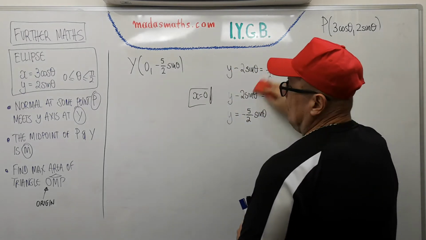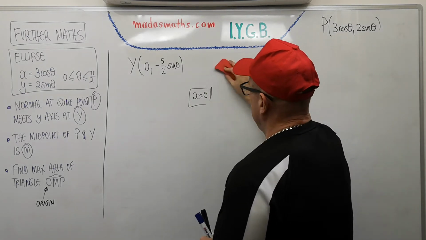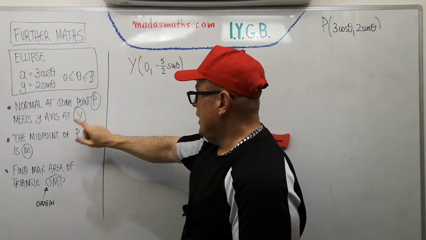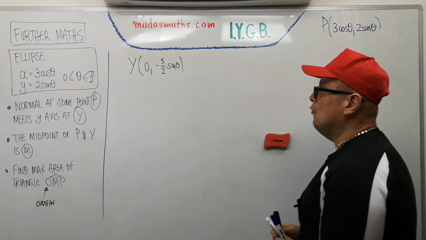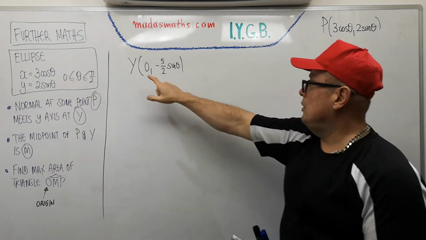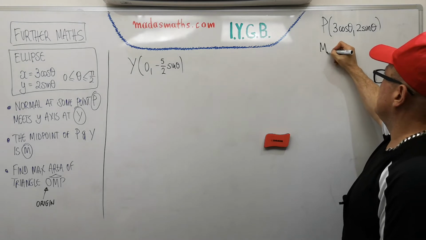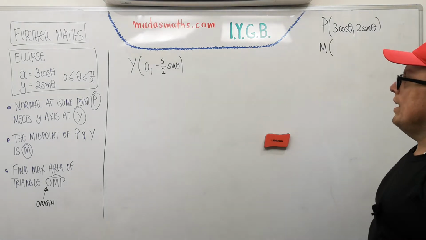Okay, so far we have established the coordinates of Y, then the midpoint of the point P and the point Y is the point M. This we can do by inspection, or you can write some workings in there.